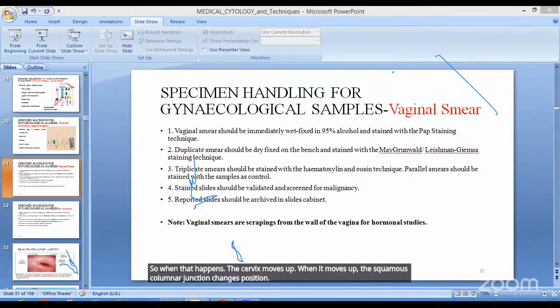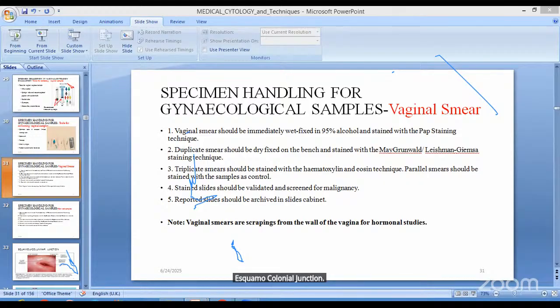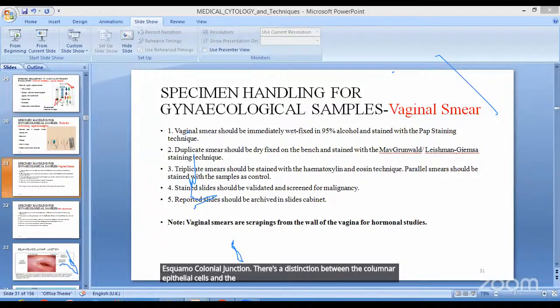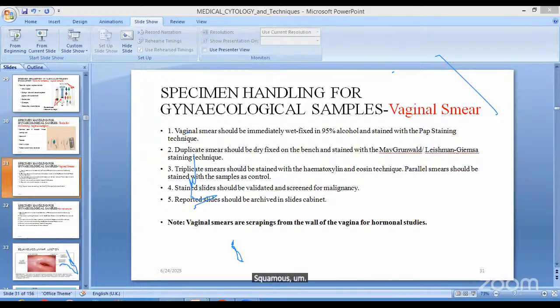The squamous columnar junction is a junction between the columnar epithelial cells and the squamous epithelial cells, the stratified squamous epithelial cells of the ectocervix. So it moves after each birth.